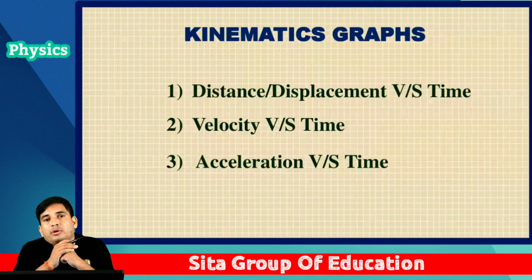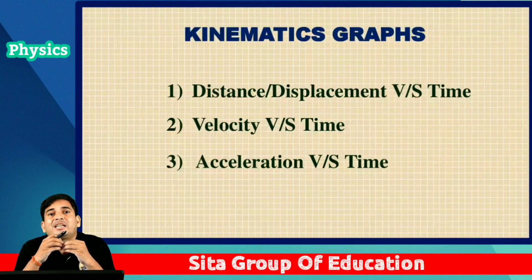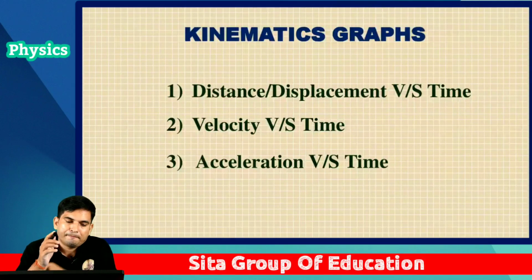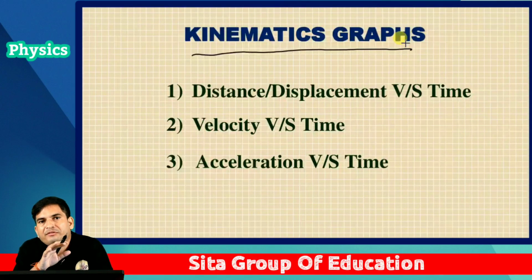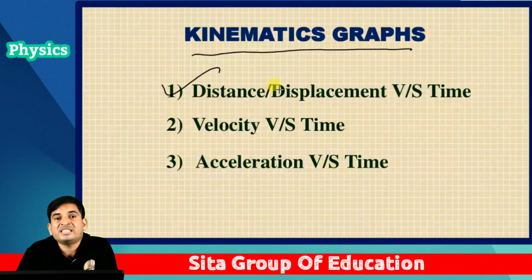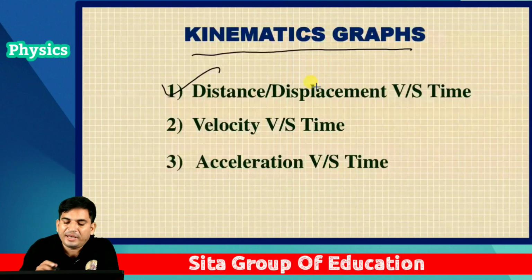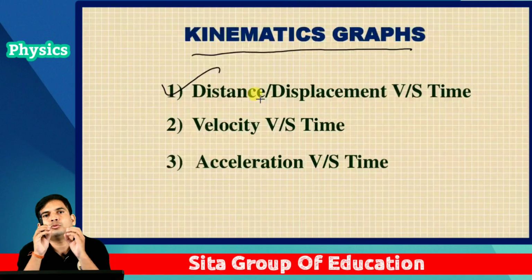Now we will talk about your syllabus: graphical representation, how we can represent the distance and velocity graph. Kinematics graphs are of 3 types. First one is distance or displacement versus time.